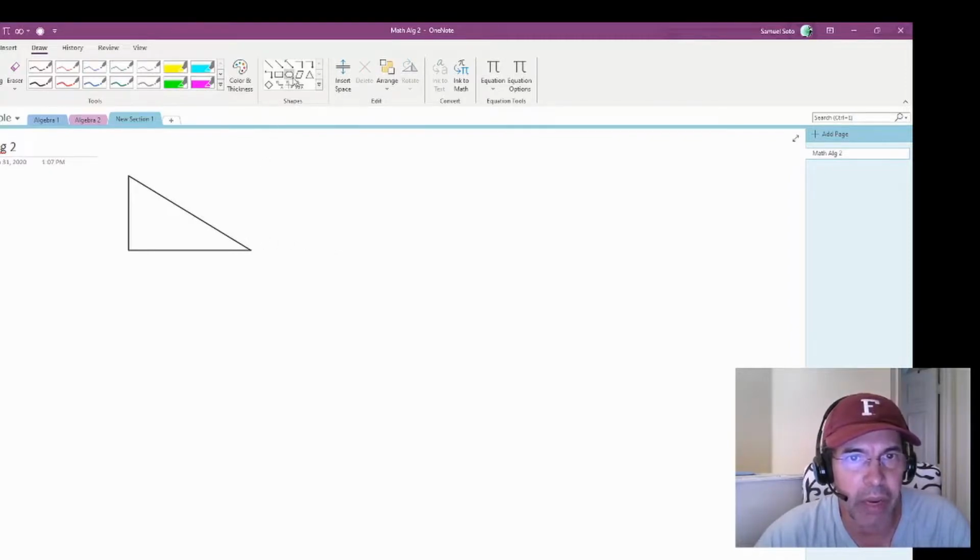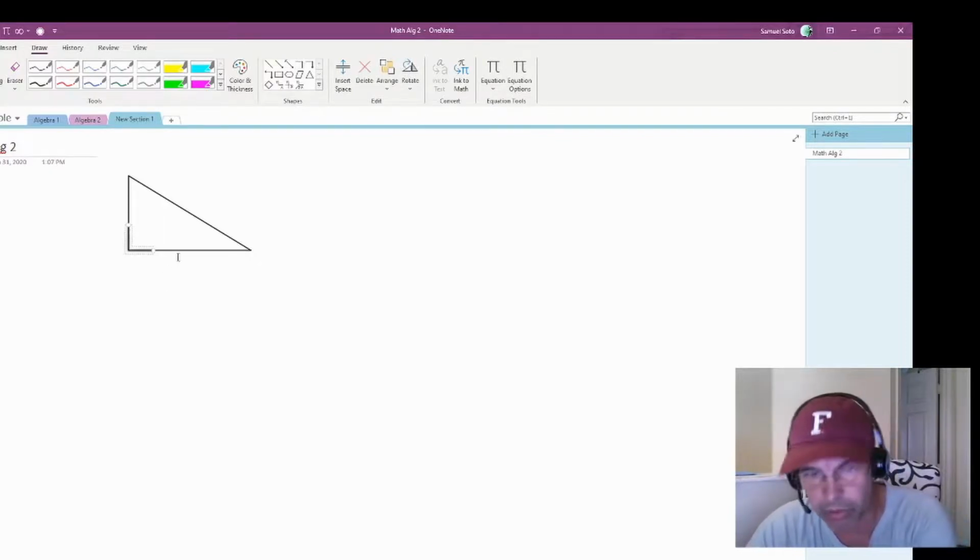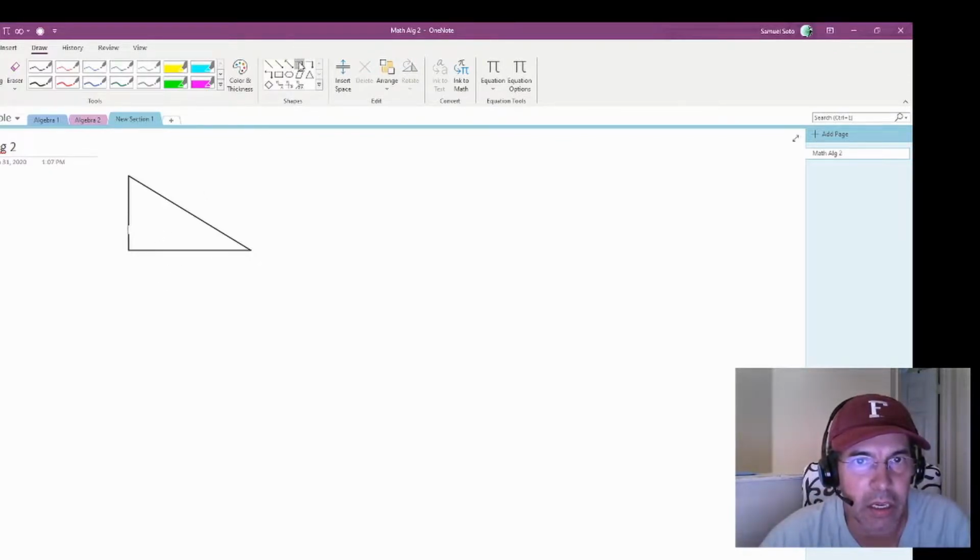I can also make that right triangle just by connecting this right feature right here. And if that doesn't work, of course, you can just delete it and do it again so that you can have a nice right triangle.